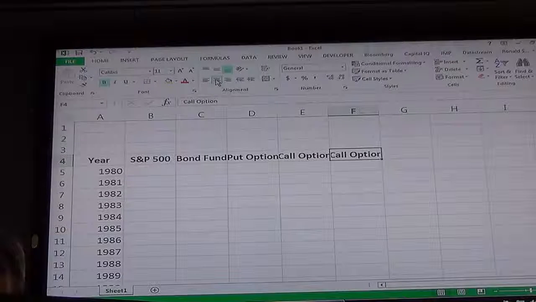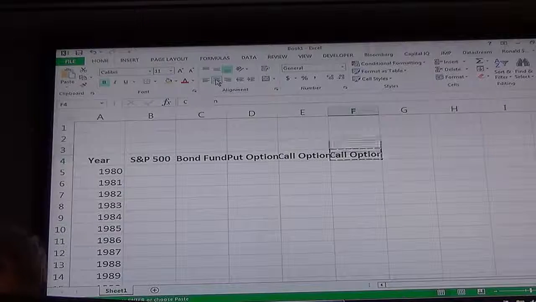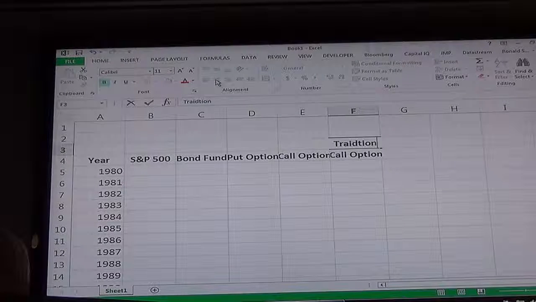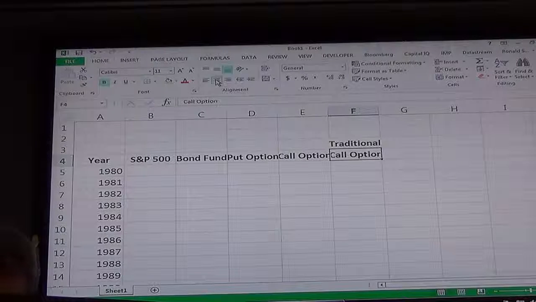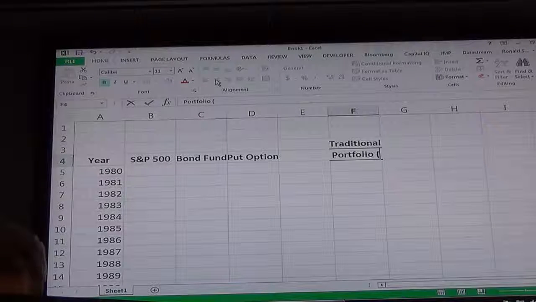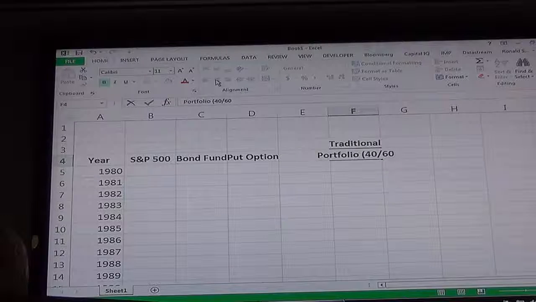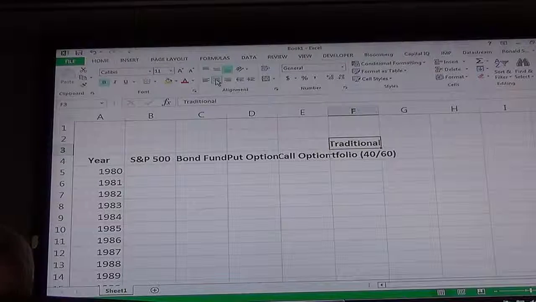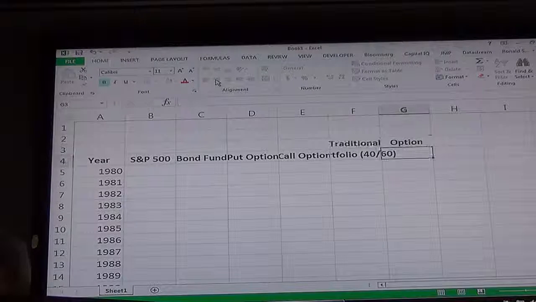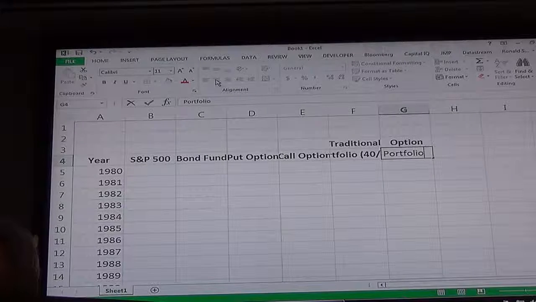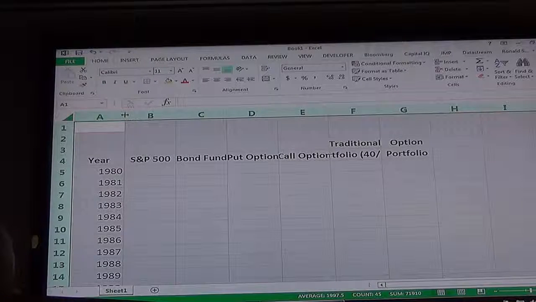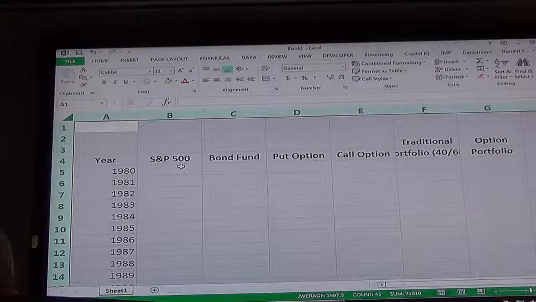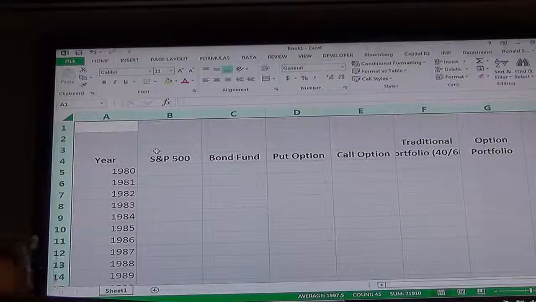You have the traditional portfolio, that 40-60 portfolio, and then you have the option portfolio. So you've got to get all this data.